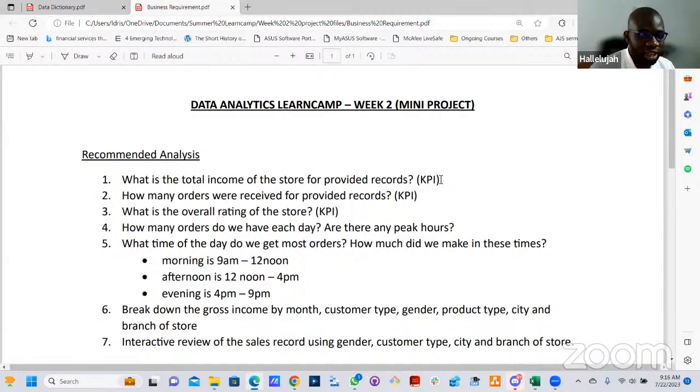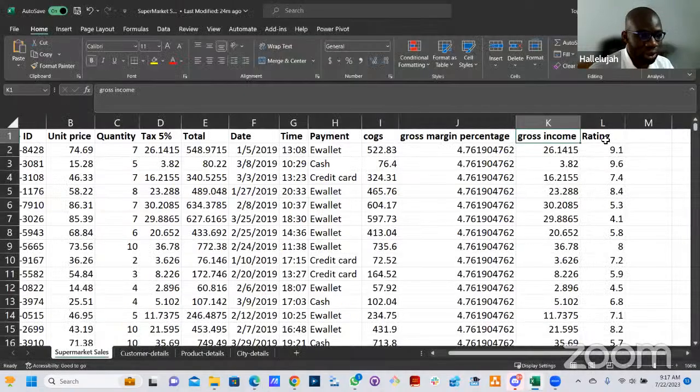You can see I stated that it's a KPI. You already know what a KPI is, right? I told you what KPI means in the last class. So how many orders did you receive in total? I don't know how you're going to do that, maybe count if, maybe whatever. You find out yourself. What is the overall rating of the store? That's why I said you need this rating as well. How do I know the overall rating?